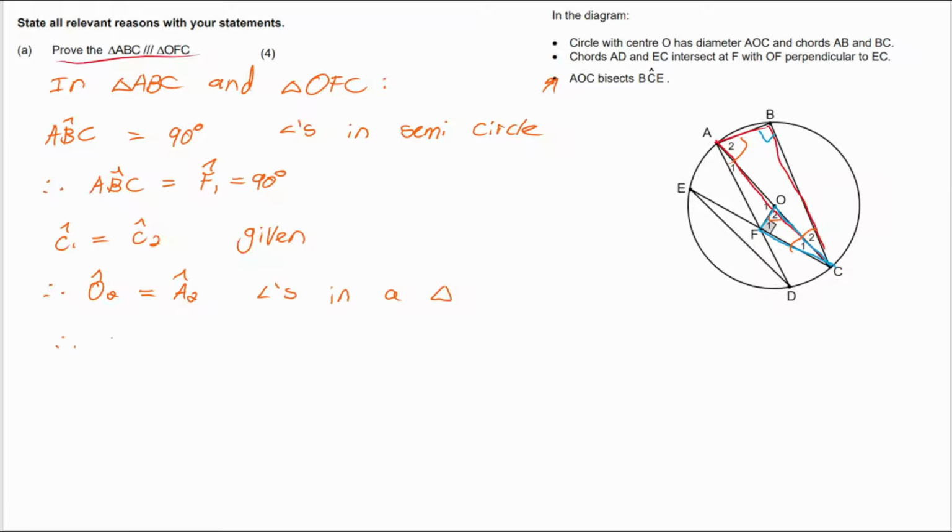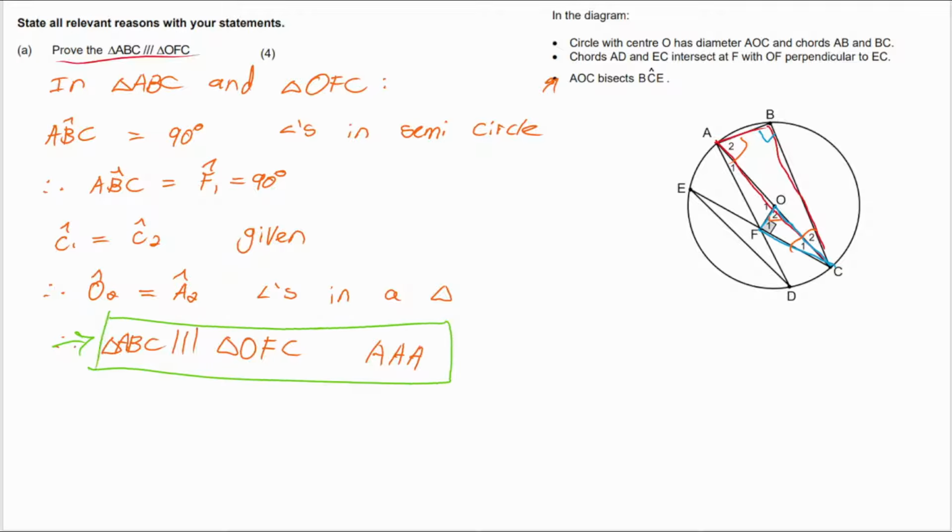So therefore, triangle ABC is similar to triangle OFC. And do not forget the reason: angle, angle, angle. So there we go, that was for this question. We are probably going to use this information again, so do not forget this.